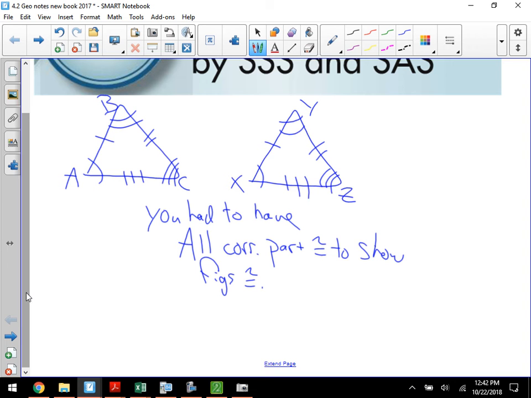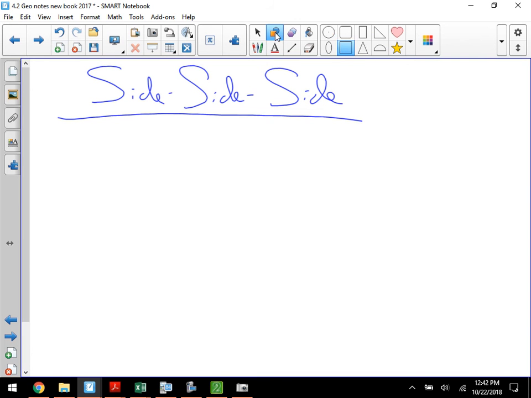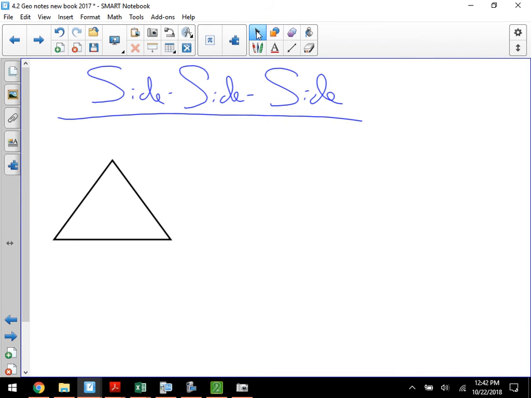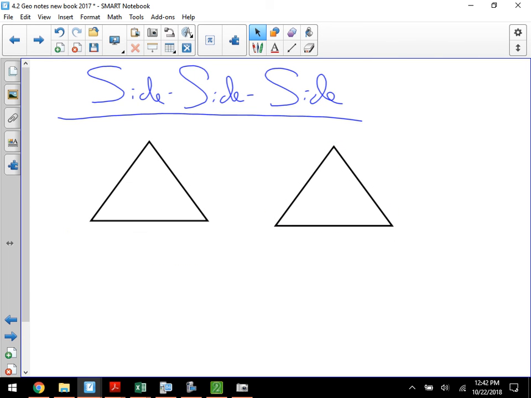One of the ways that we're going to show that triangles can be congruent is this thing called side, side, side. Let me write this out for you. When you have triangles, if you have 2 triangles and their 3 corresponding sides are congruent to each other, the triangles are congruent.